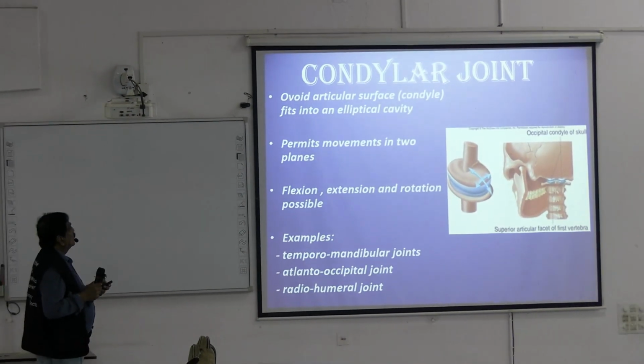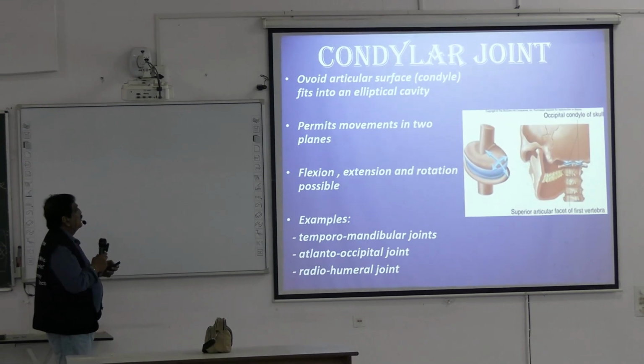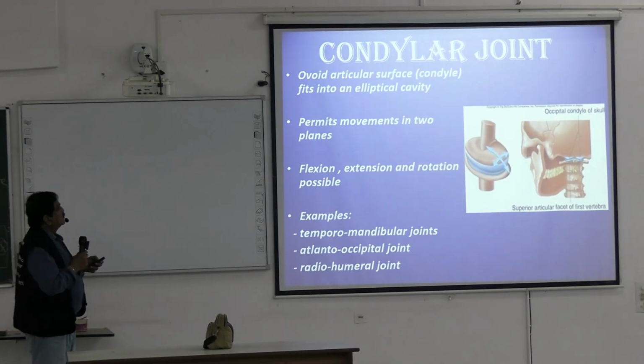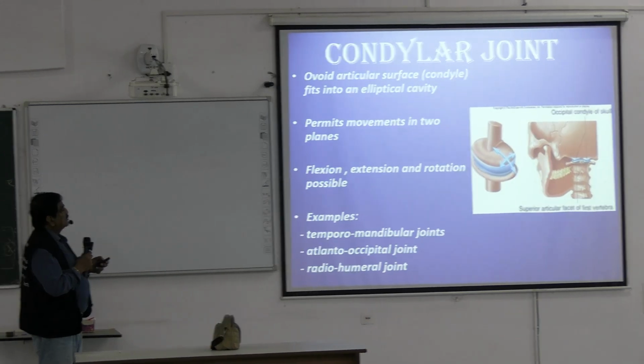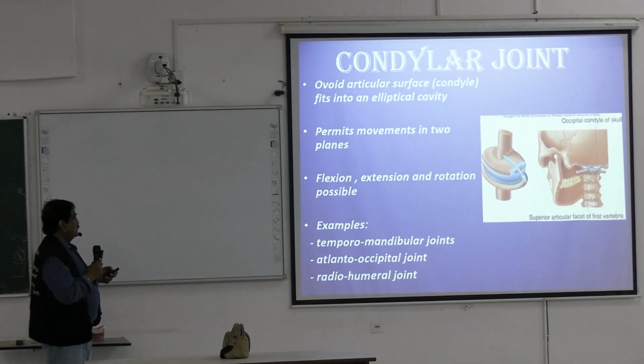Now, condylar joint: ovoid articular surfaces, condyles fit into an elliptical cavity. Permit movements in 2 planes, flexion and extension, and rotation is possible. Example, temporomandibular joint, atlanto-occipital joint and radiohumeral joint.